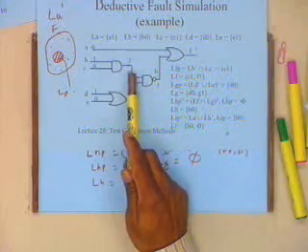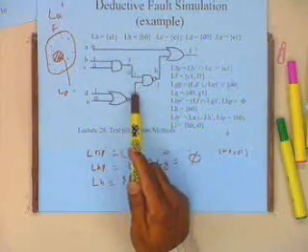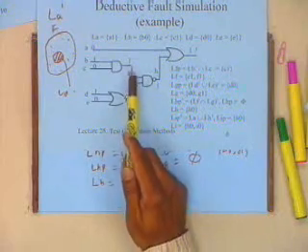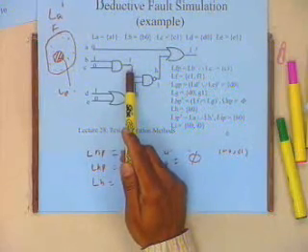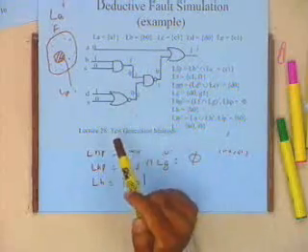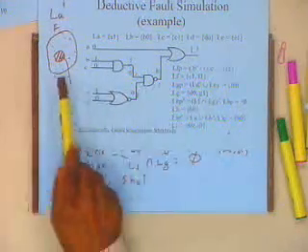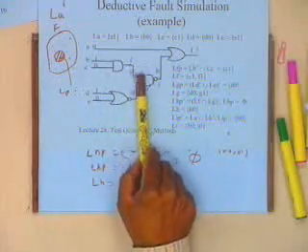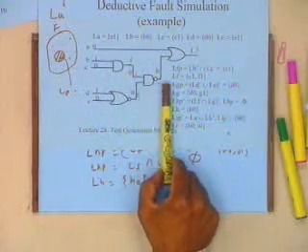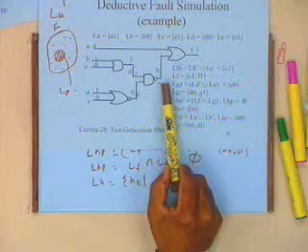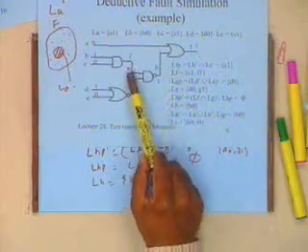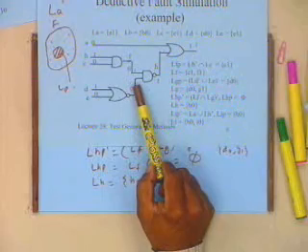So a fault at F is going to make this 1, a fault at G is going to make this 1, and if any of the faults occur, let's say if F becomes 1, it is not going to change my output, or if G becomes 1, it is not going to change my output. So the faults that have come up to here are going to be dropped by this gate, and it is not going to propagate this fault further, because this node does not change if any of the inputs change.